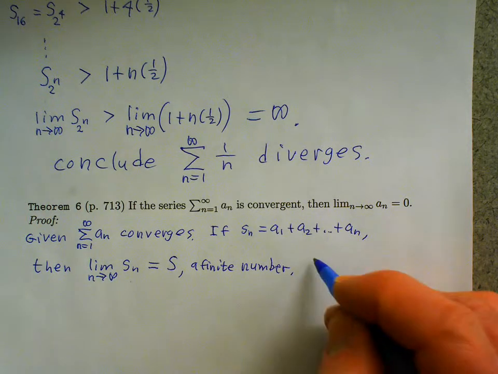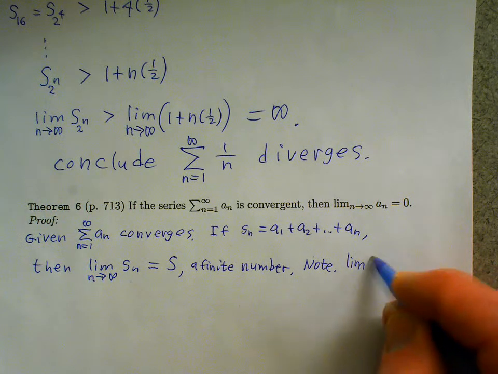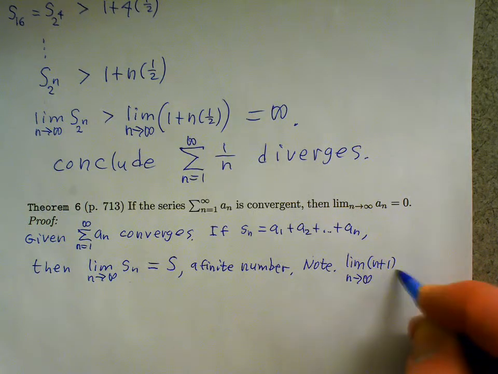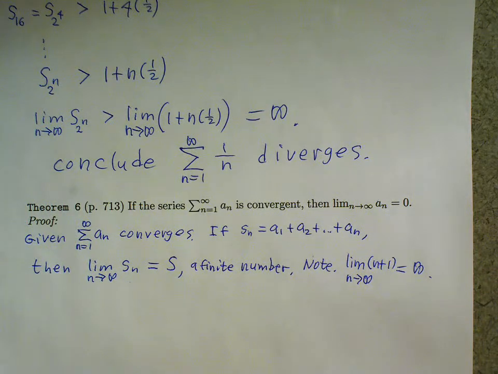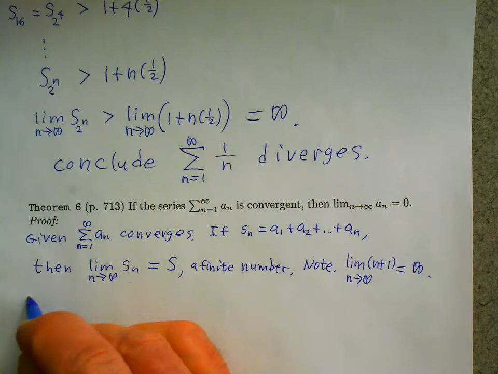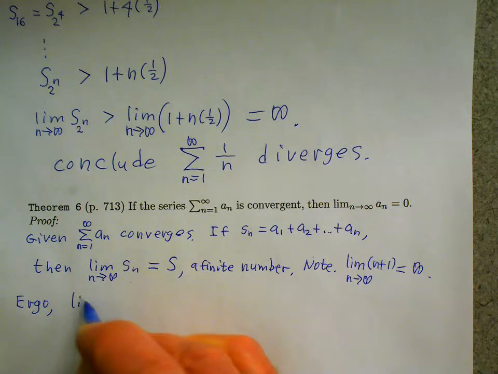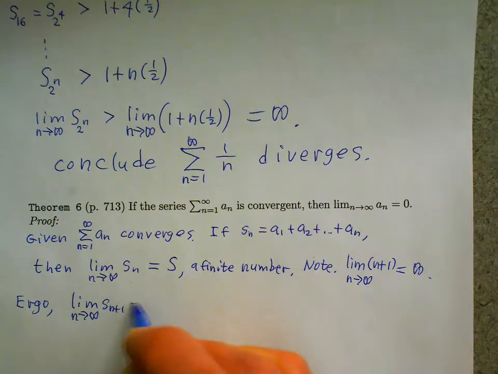Okay, note that the limit of n plus 1 as n approaches infinity is infinity. Ergo, the limit as n approaches infinity of s sub n plus 1 is also equal to s.